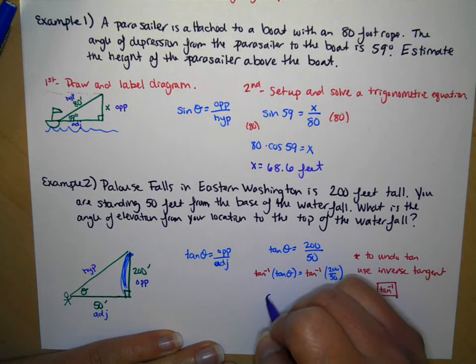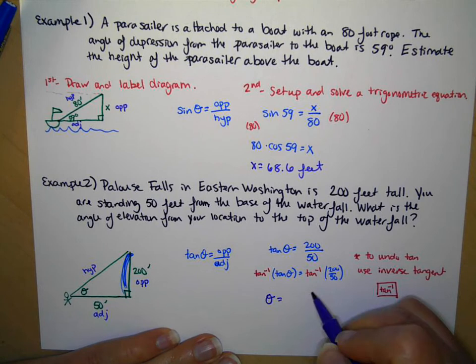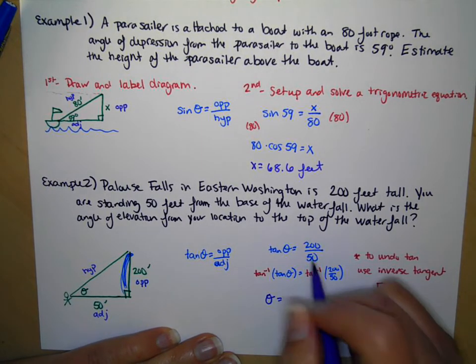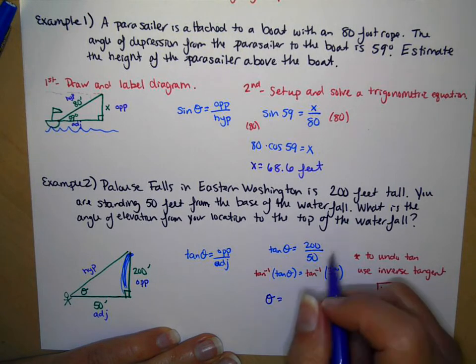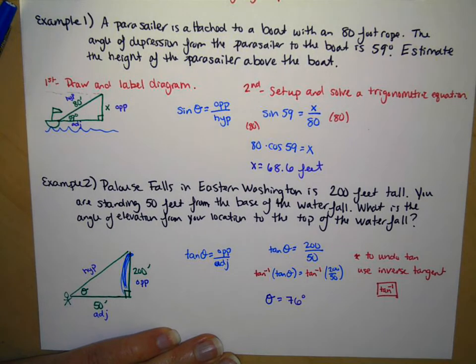So on the left side, we're just left with theta. And on the right side, on your calculator, if you do the inverse tangent of 200 over 50, it works out to be a really nice, friendly number of 76 degrees.